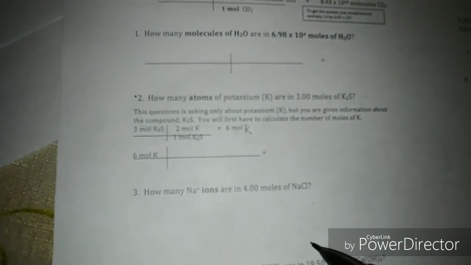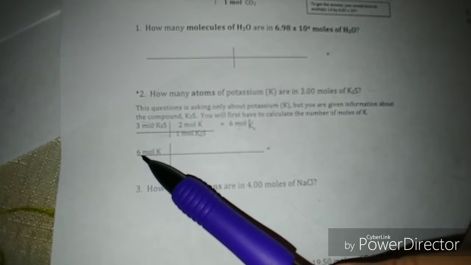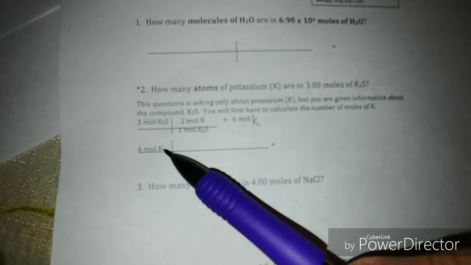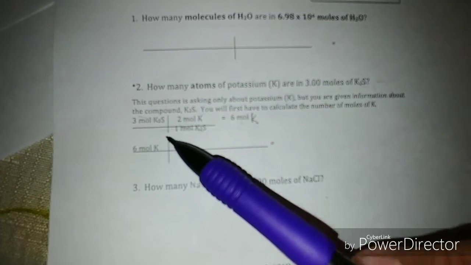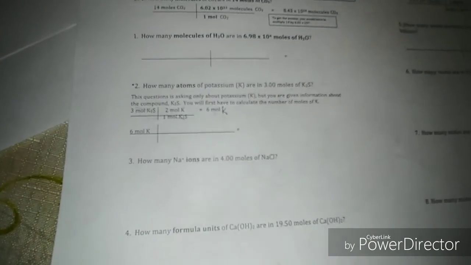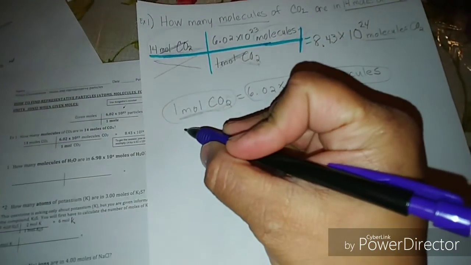Okay, so now that we have how many moles of potassium, that means that we can now calculate the atoms of potassium. So I've got 6 moles of potassium. Remember that 1 mole of anything is always Avogadro's number. So just like we said here before, it's going to be the same thing.